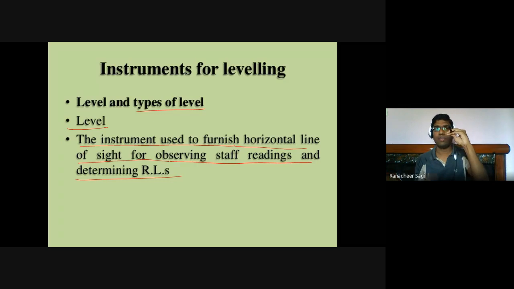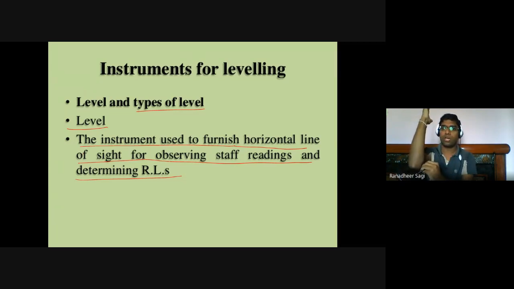And whenever you have this proper horizontal line of sight, it can bisect somewhere on this leveling staff which has some reading. So with the help of this horizontal line of sight, you are going to be sighting the leveling staff which is placed on a particular point where you want to determine the elevation.